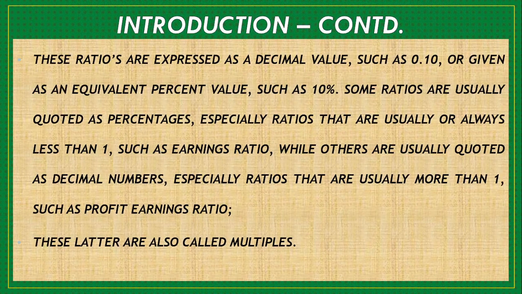These ratios are expressed as decimal values such as 0.10 or given as an equivalent percent value such as 10%. Some ratios are usually quoted as percentages, especially ratios that are usually or always less than 1, such as earnings ratio, while others are usually quoted as decimal numbers, especially ratios that are usually more than 1, such as price earnings ratio.